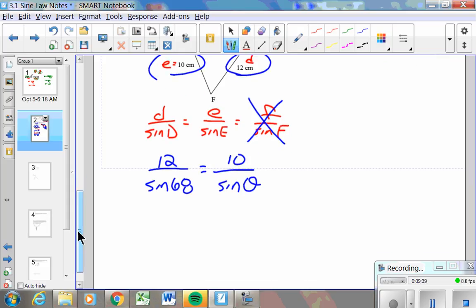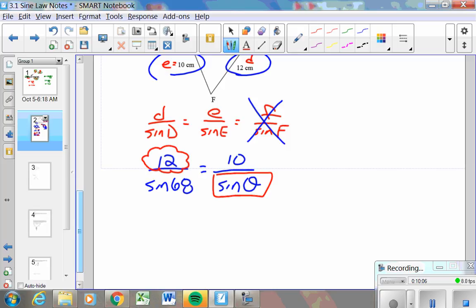So this is like working your calculator backwards in a sense, because we have to find the angle, but the cross multiplying part doesn't change. We want to isolate sine theta. How do I get this expression by itself? We look at these two numbers, the 12 and the sine theta, and we trade places with them. We put the sine theta where the 12 is, because that's like cross multiplying.